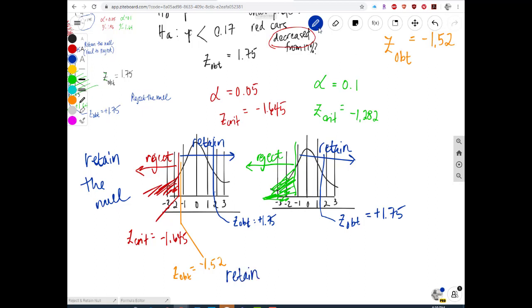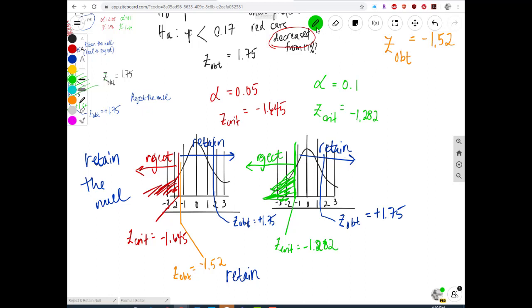So in this case, I would still retain. Now let's look at what happened with this one right here. This one, my line was so messy that I didn't even realize that it was a straight line. Okay, so here my Z crit was negative 1.282.